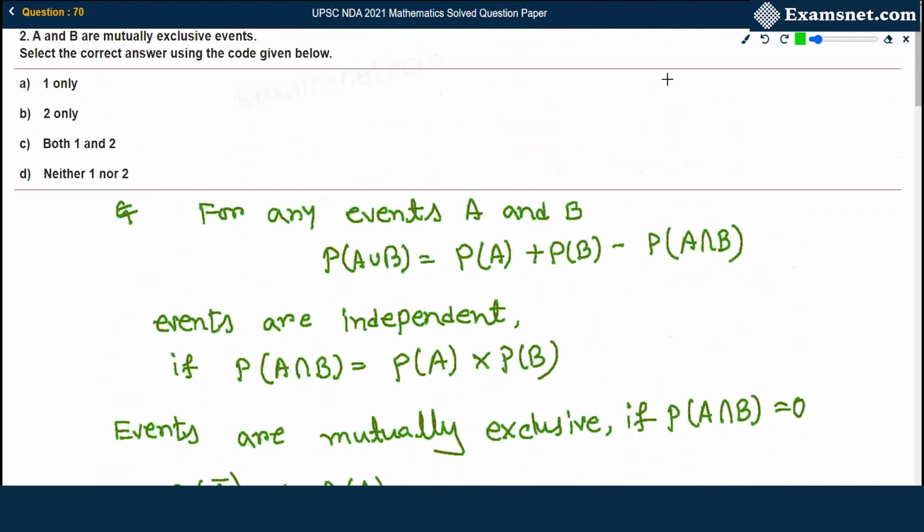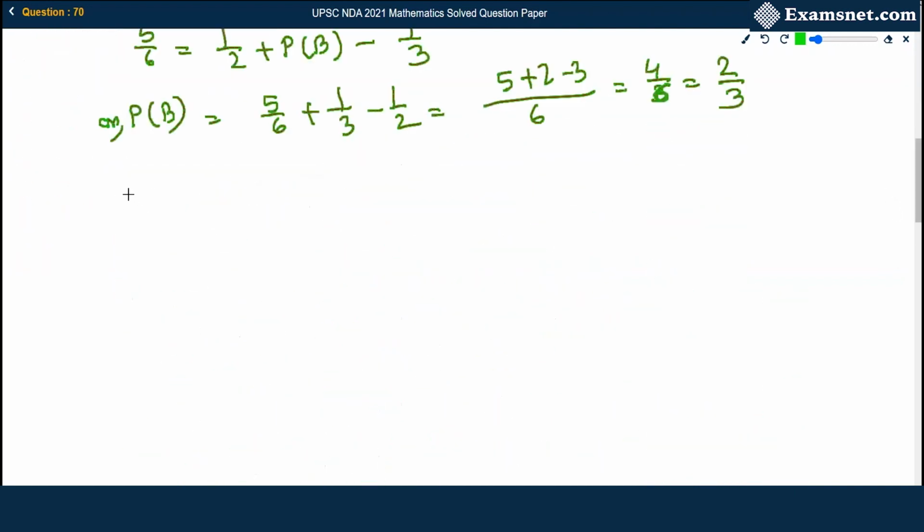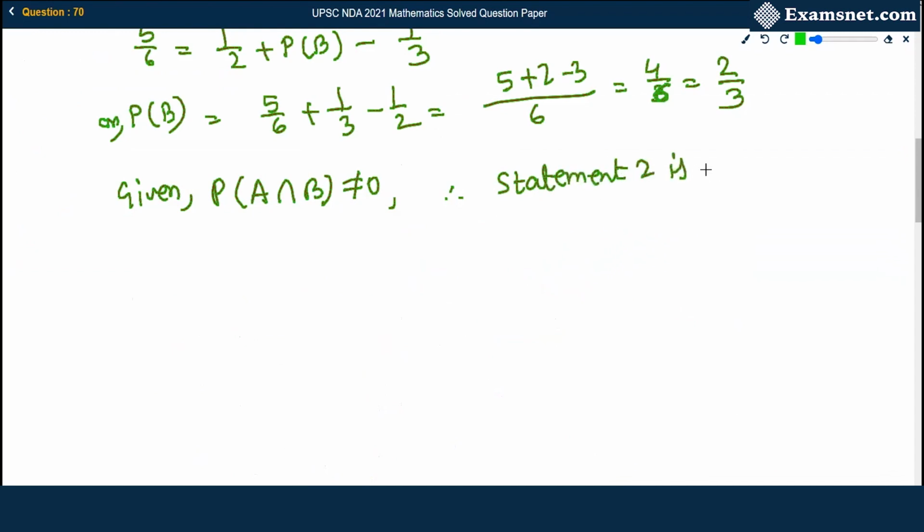So we cannot say that A and B are mutually exclusive because it's given that the probability of A intersection B is 1/3, which is not equal to 0. So statement 2 is not correct, right? Given A intersection B not equal to 0, therefore statement 2 is not correct.